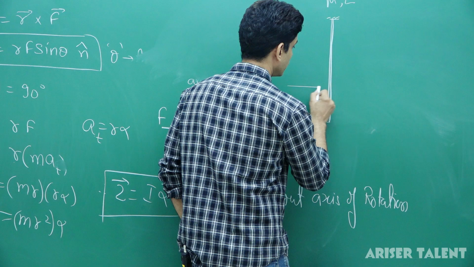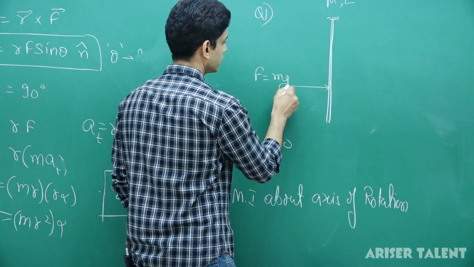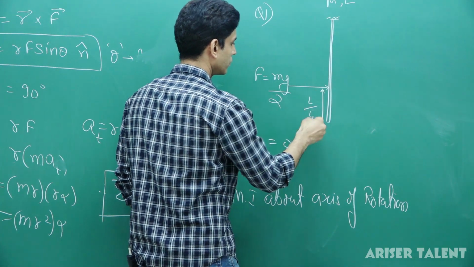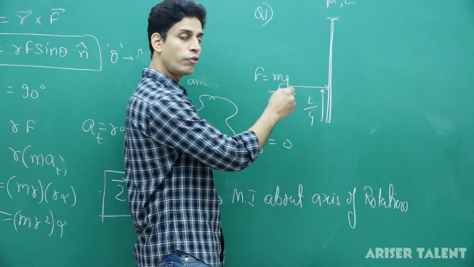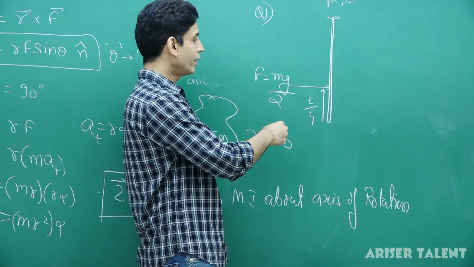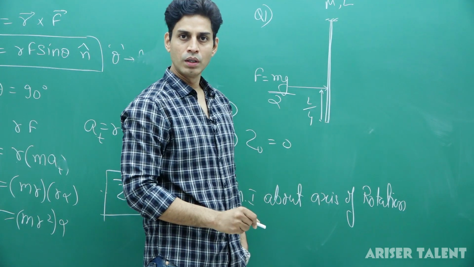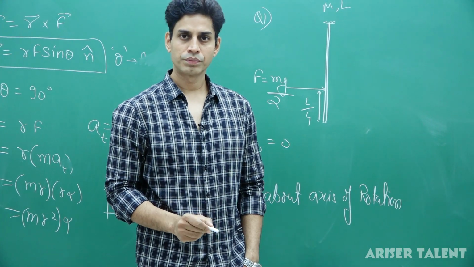Now a horizontal force of mg by 2 is applied at a distance of L by 4 from the bottom. Now you have to calculate the initial angular acceleration of the rod.